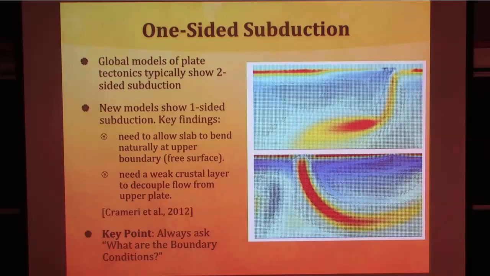The free slip boundary condition basically means that you have a wall. Okay, and you can't flow up against it, right? The velocities coming up go to zero, and so the flow has to be tangential to that surface. Okay, now the Earth does not have a free slip boundary condition on the top. It has a free surface.